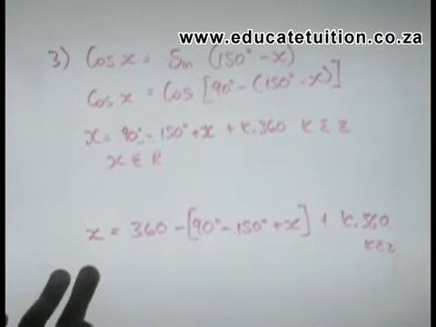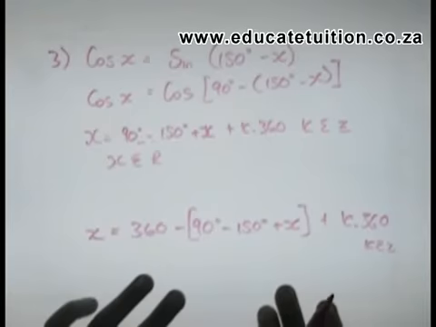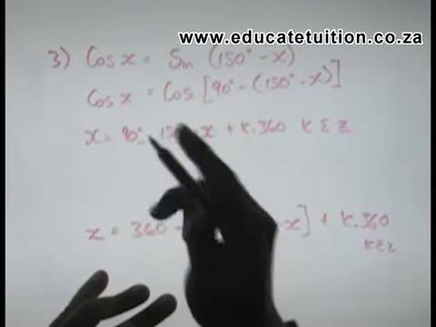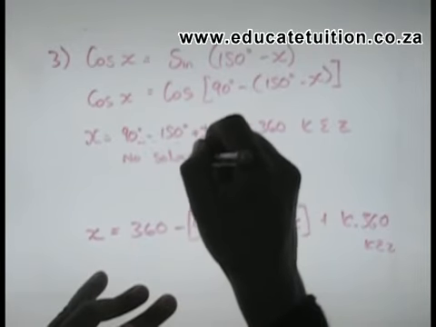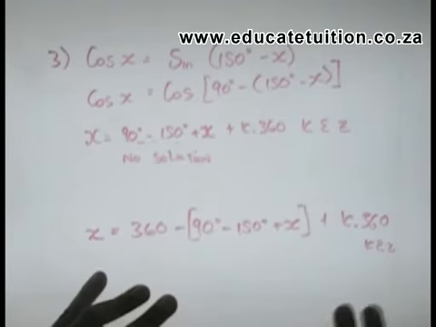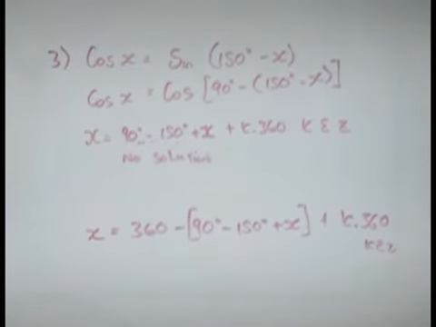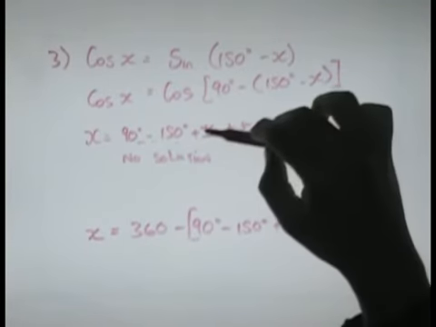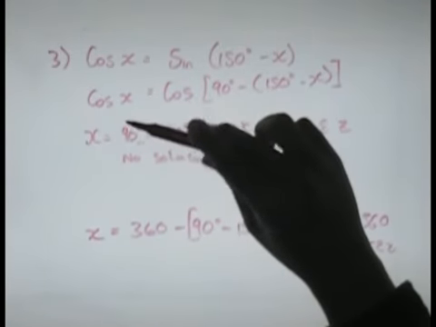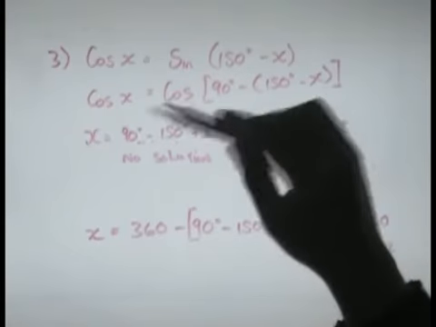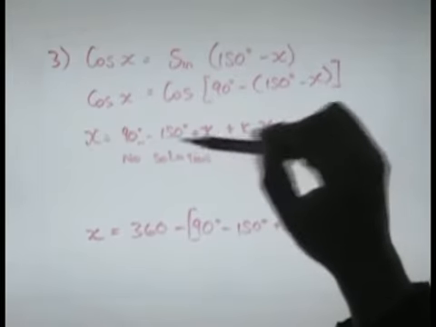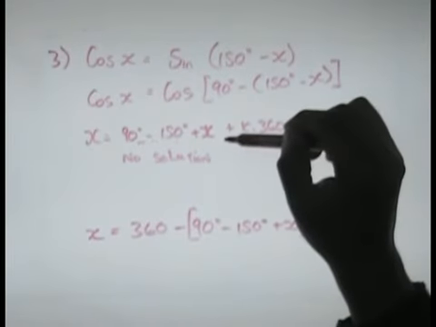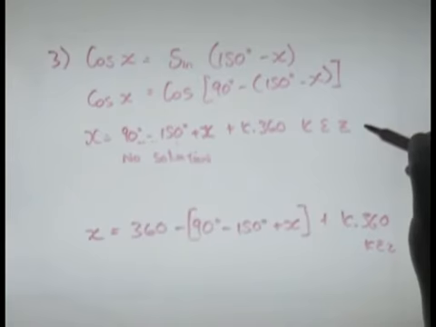X is an element of reals, or rather, for this one, we're going to say that there's no solution, because when the x comes across it becomes negative x, and negative x minus x is 0, so the x's are basically cancelling with each other. That's only for that one though.